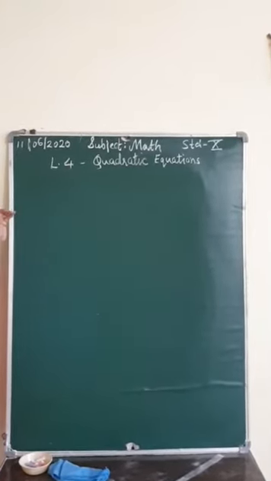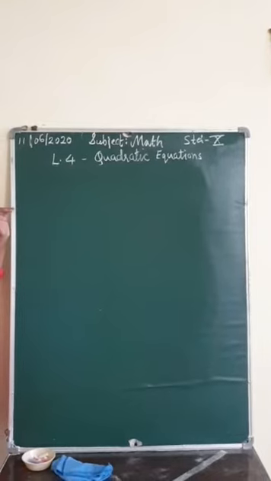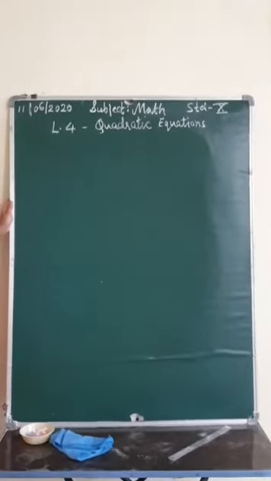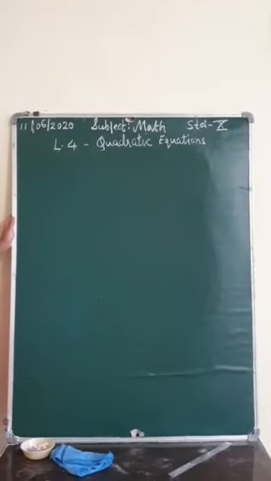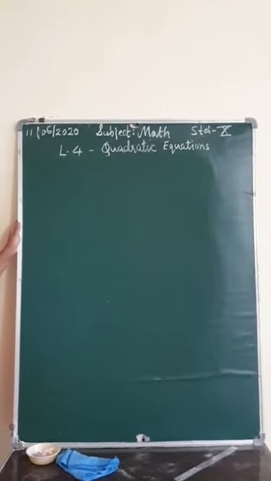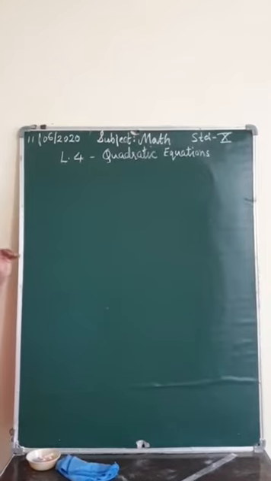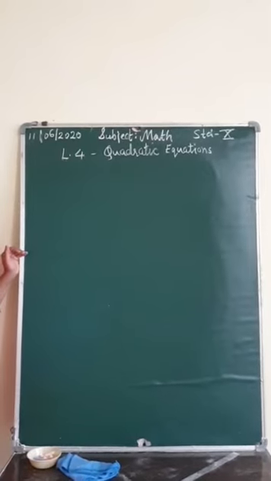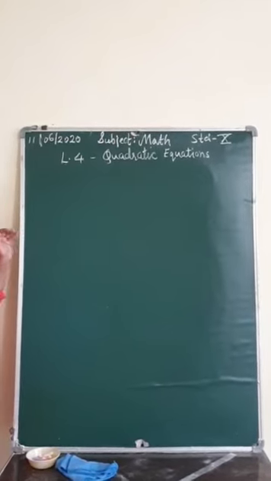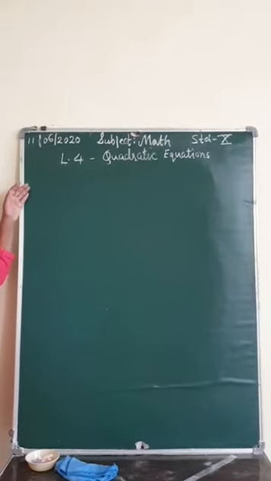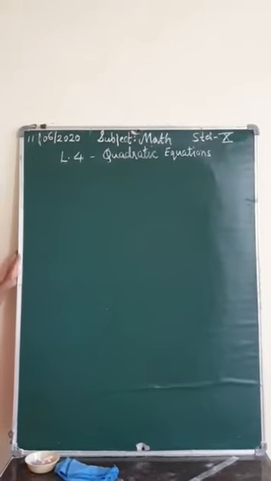In the previous video, we have seen what are quadratic equations and how to find a solution of a quadratic equation by factorization method. And I hope you must have solved the sums of exercise 4.1 and 4.2 remaining sums with the help of the solved examples in the previous video.